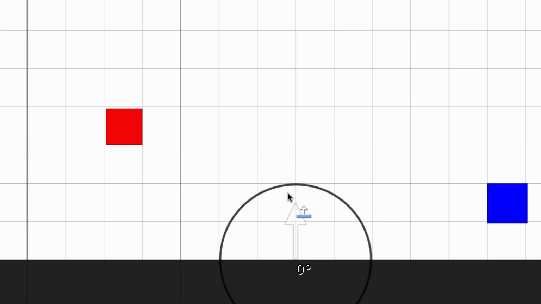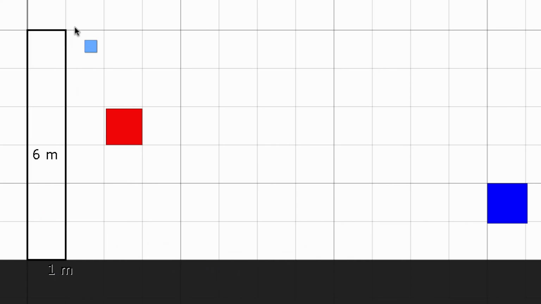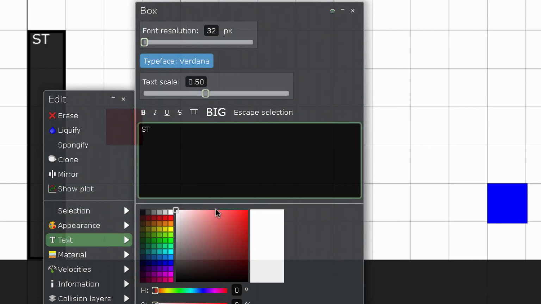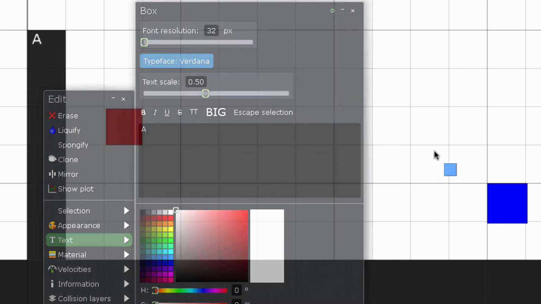If you want more context, how about we have a floor, or maybe we can add some trees or something. Or, I don't know. I'll add a thing that says start. Text, start. Or B for beginning. Or A for alpha, whatever.